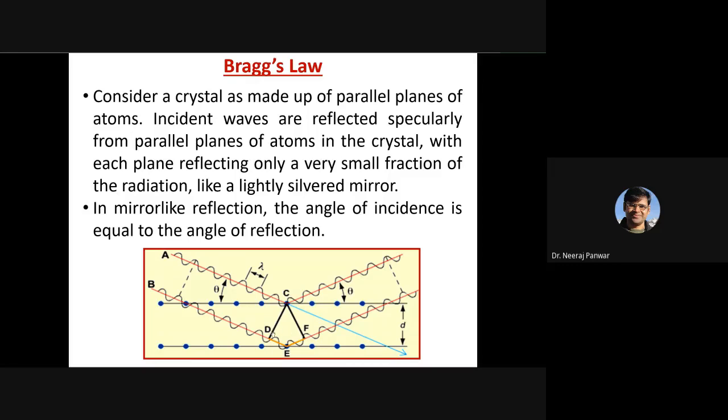and if this distance is an integer multiple of the wavelength of the incident radiation, then there will be constructive interference between the reflected waves. If this distance is a half-integer multiple of the wavelength, then destructive interference will take place, and we will observe zero intensity on the screen or detector.